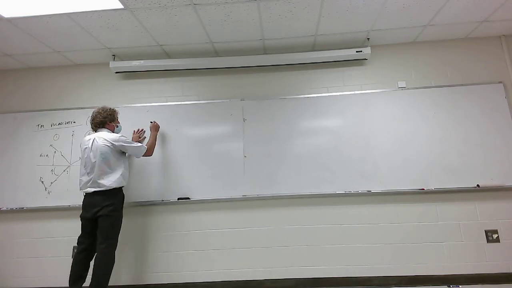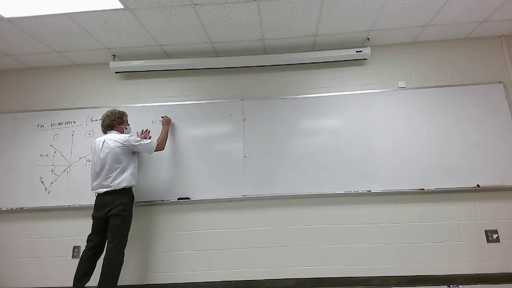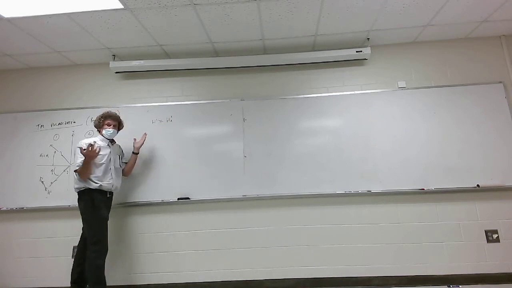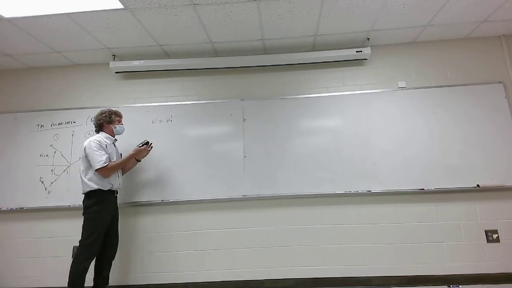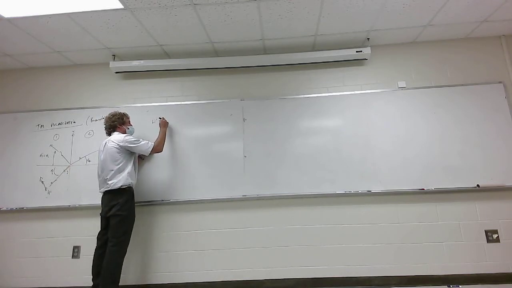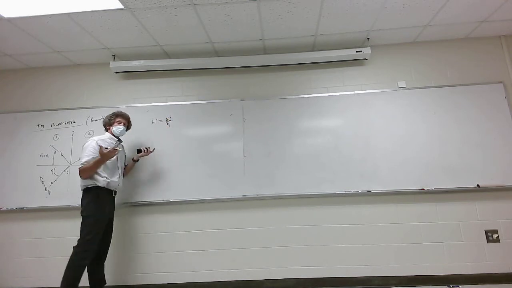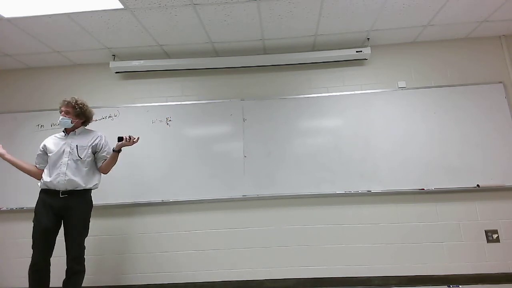He's going to say H incident, and I know these equations bore you. That's going to be some H naught incident, right? Well, tell you what, H naught incident, I told you this already, and this is the way Whitworth does it. He calls it E naught incident over eta 1. Do you all agree that's the magnitude? I told you if they're plane waves, that'll always be the case, right?